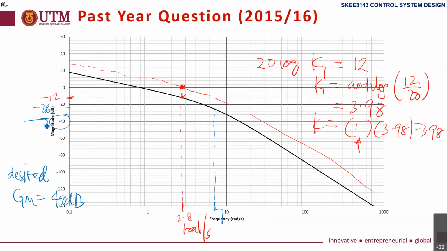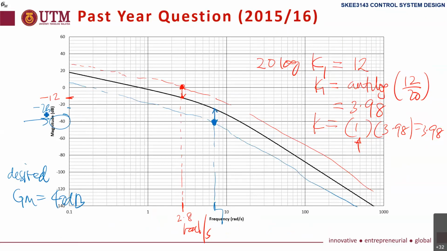We want the magnitude to cross this point at 7 radian per second. That means we want it something like this, all shifted down. So that will be like this.